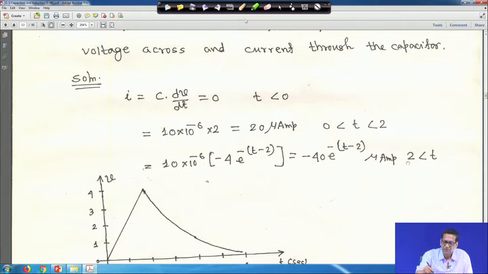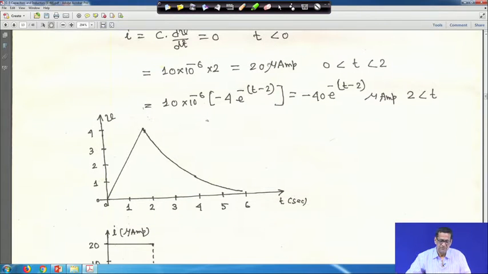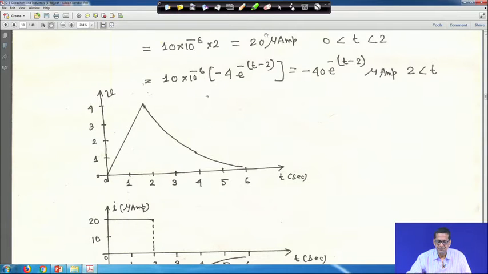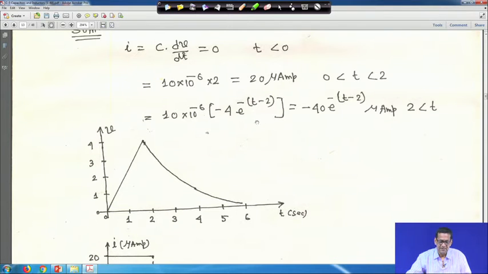Now the question is the voltage plot. Between 0 and 2, V is equal to 2t. Let me move a little bit up. Here this is my V(t); 2 will be somewhere here.